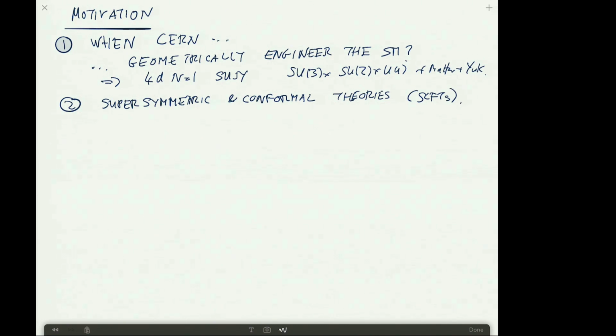And can we geometrically engineer these? In fact, at the very beginning, this was already a motivation for four-dimensional N=2 theories. But more recently, as you probably have heard, there has been a lot of progress making use of geometric engineering to actually get a hold of supersymmetric conformal theories.